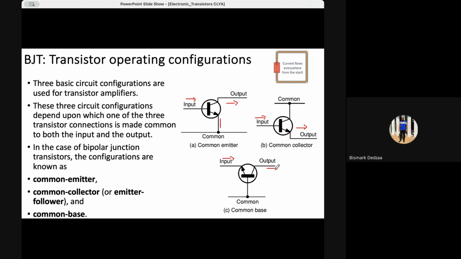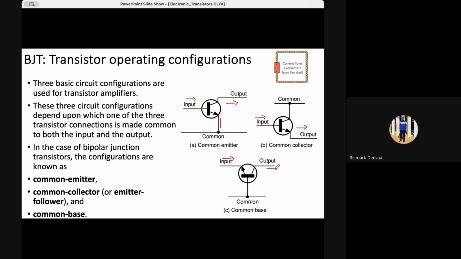If you can throw more light on the common, why do we call it common emitter? What does it basically mean? Okay. You see, any power source that we connect, we have a neutral to it. Even your house, the AC has a live and neutral, and a DC has a positive and a neutral.